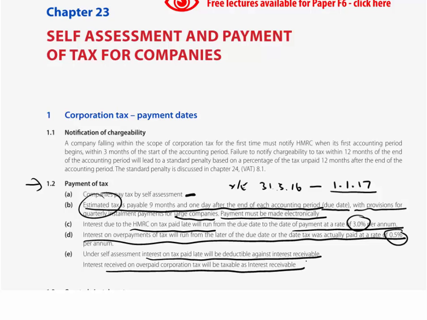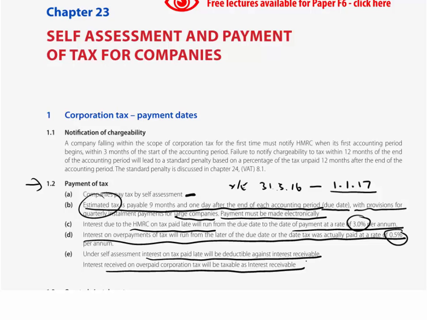Now, normally, you don't yet know the rules. If you're going through this in the order in which I've suggested you deal with the chapters, we don't yet know the rules for income tax for individuals, but there, if there is interest that is payable to HMRC on late paid tax, that is not deductible against income. And if you have interest income from HMRC because you had overpaid the tax, then that is not taxable income.